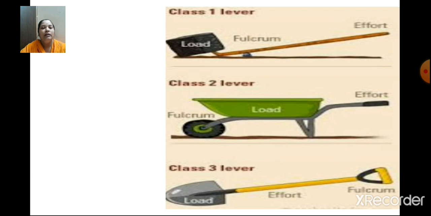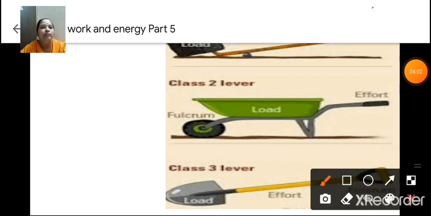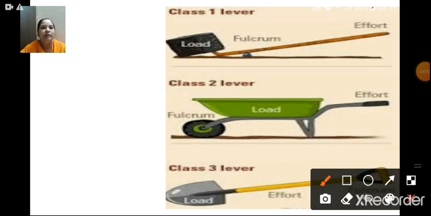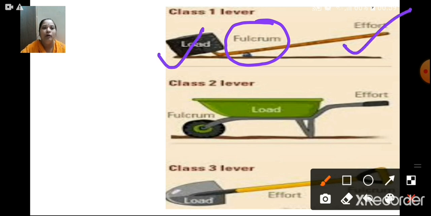Now see, this is the picture showing first class, second class and third class lever. Here you can see, in the first class lever, fulcrum is between load and effort. As we have already discussed, in the first class lever: load, fulcrum and effort. So fulcrum is between load and effort.